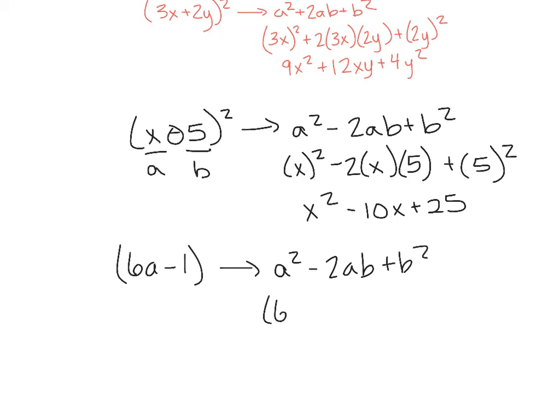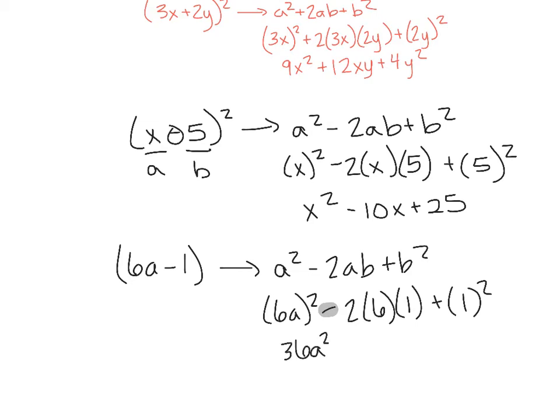So we have 6a minus 2 times 6 times 1, remember positive 1, plus 1 squared. So we have 36a squared minus 12a plus 1.